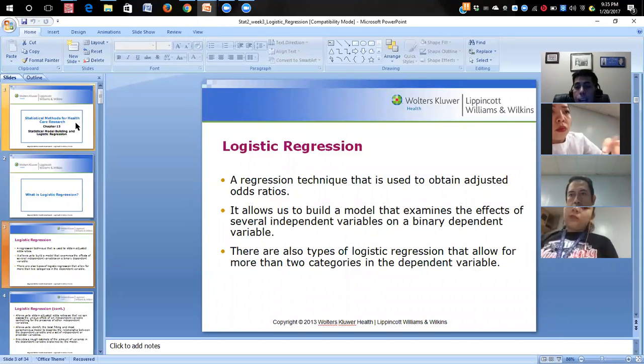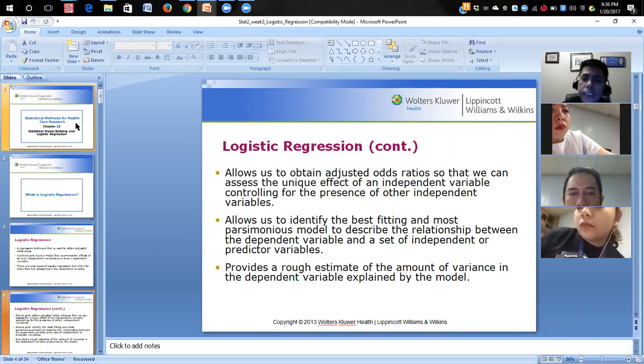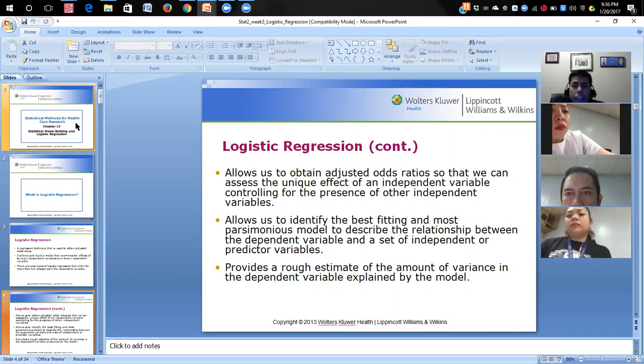Our independent variable could be continuous, could be nominal, and it's just really amazing how this mathematics will kick in, the maximum likelihood, where it creates different iterations. Logistic regression allows us to obtain adjusted odds ratios. So this is an important concept, that it uses the odds ratio and it assesses the unique effect of the independent variable.